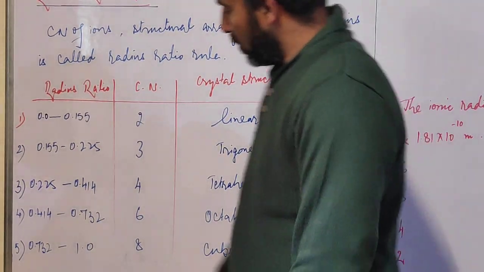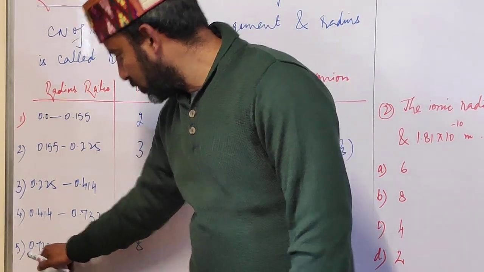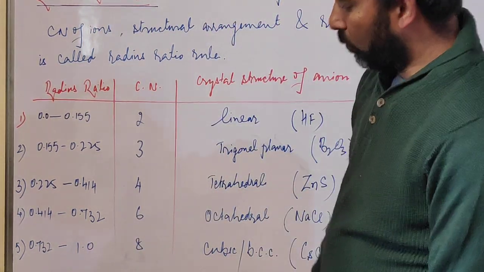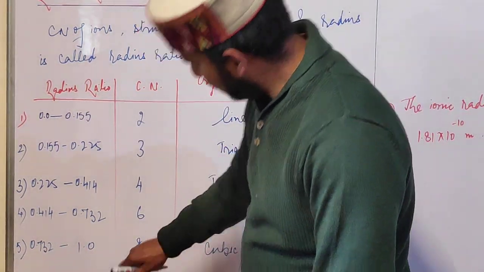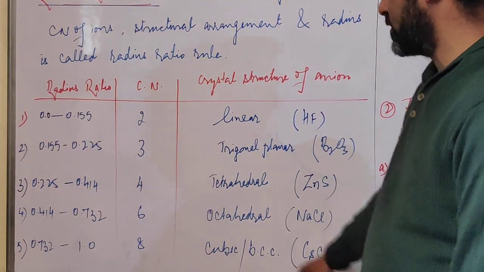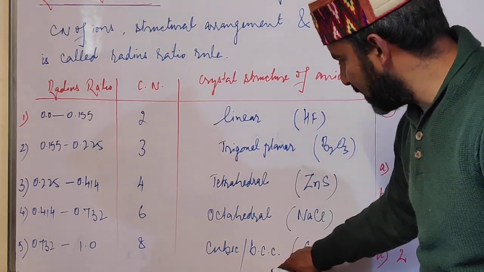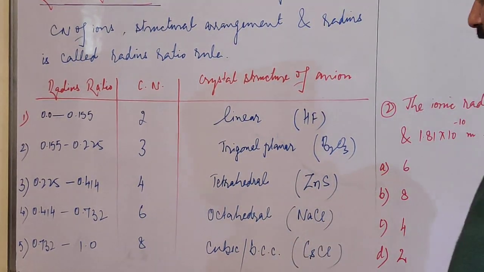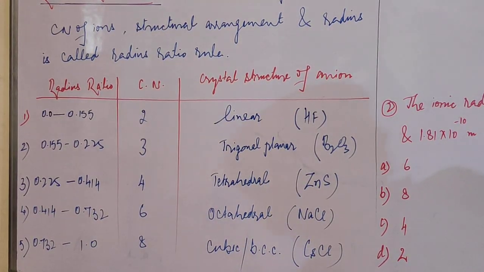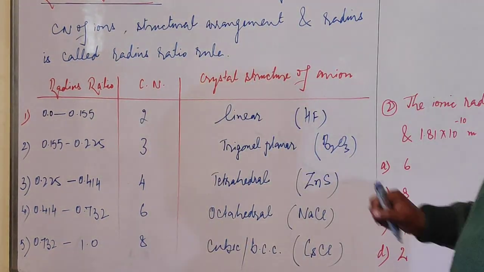Lastly students, if radius ratio is in the range 0.732 to 1, then the coordination number is 8 and the crystal structure is cubic, and students, to be precise it will be body centered cubic, and cesium chloride crystals adopt this arrangement. So students, this table of radius ratio is very important.